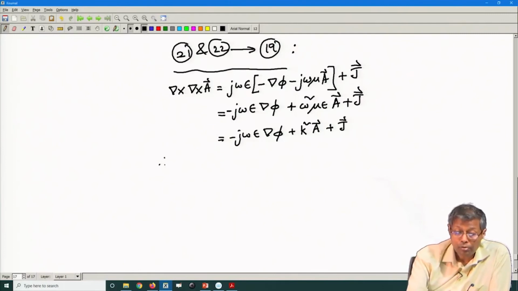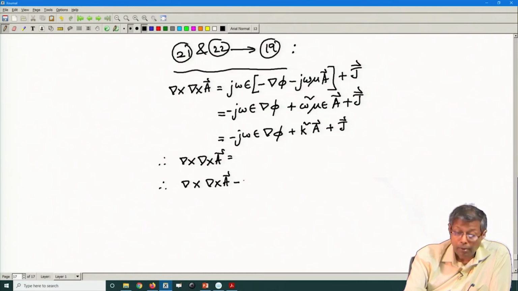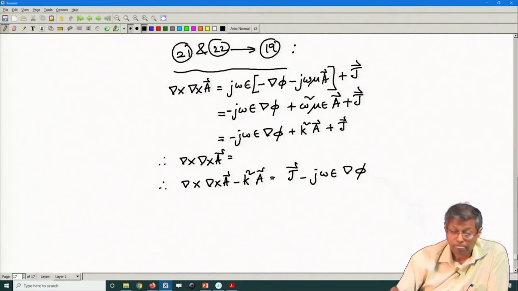And therefore, curl A minus k square A equal to j minus j omega epsilon grad of phi.